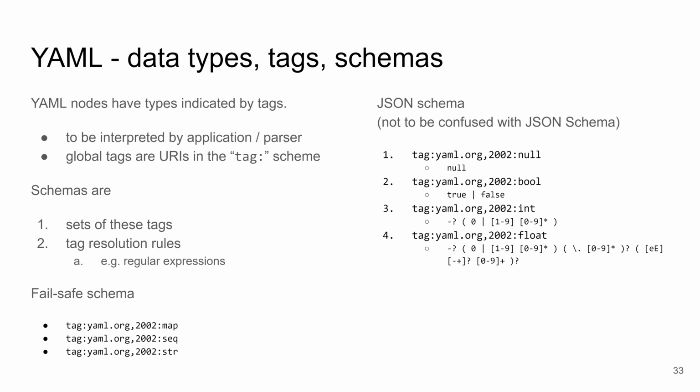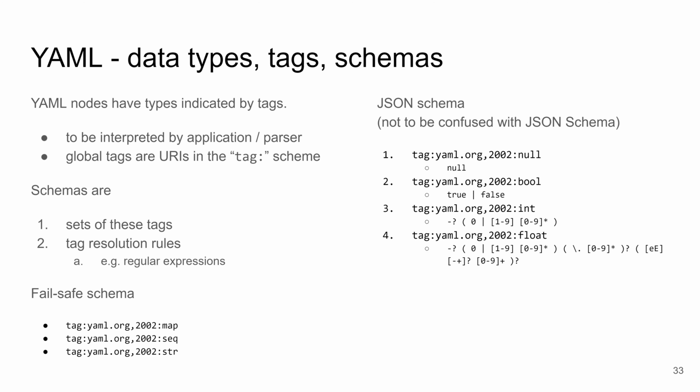And the same goes for the float here. And the rule is that the tag that matches first with its tag resolution rule gets assigned. So this solves the problem that the integer regular expression would also match the float number, but because it matches first, the integer tag is assigned to that value.